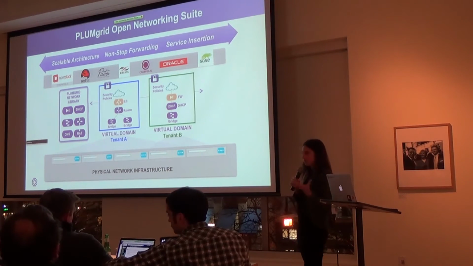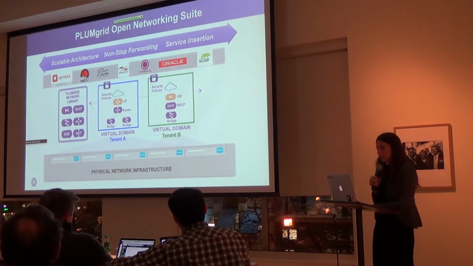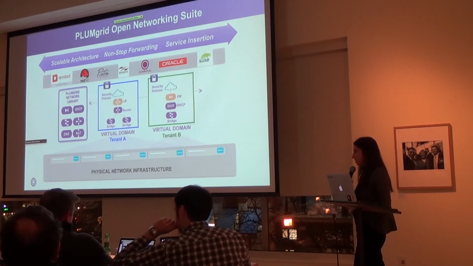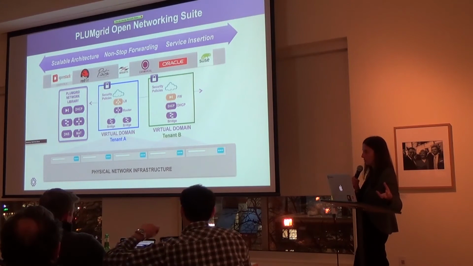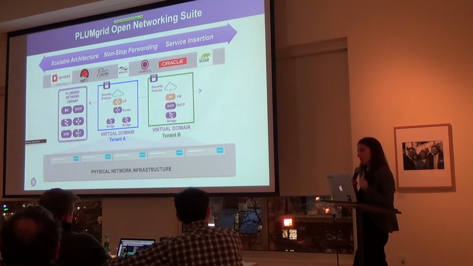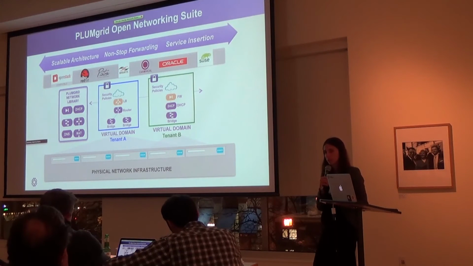And you can create as many of those virtual domains as you need for your environment. And we are fully integrated with all the major distributions out there. Some of them it's completely automated, some of them it's a manual install, but you can choose to select any of those OpenStack deployments, and we make sure that you can leverage PLUMgrid within those.